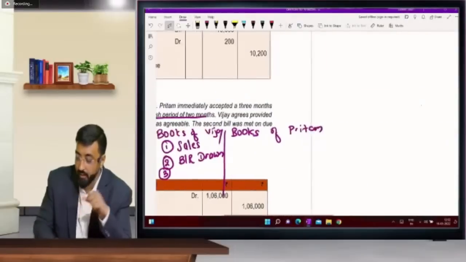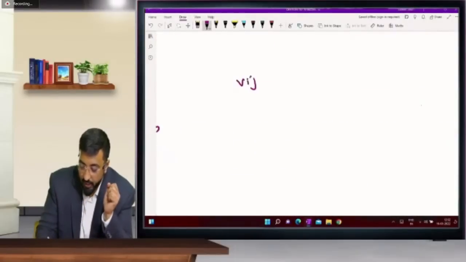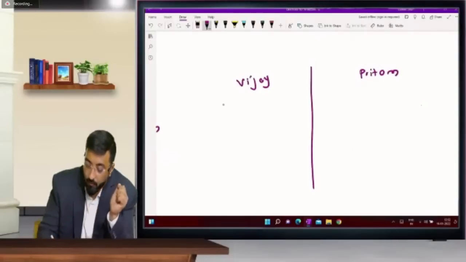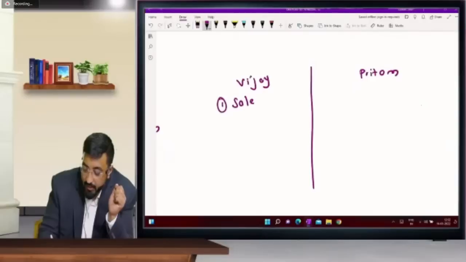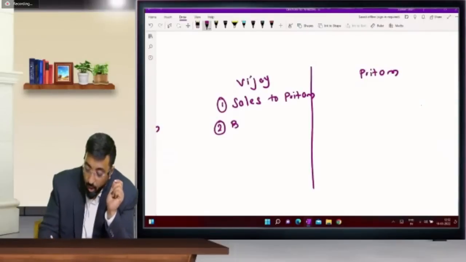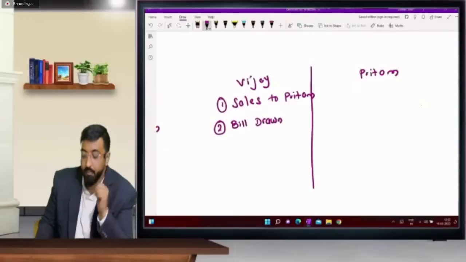On due date, I will write over here, Vijay, Pritam. You also note down it properly. First entry in the books of Vijay, it's a sales entry, sales to Pritam. Second entry, bill drawn.